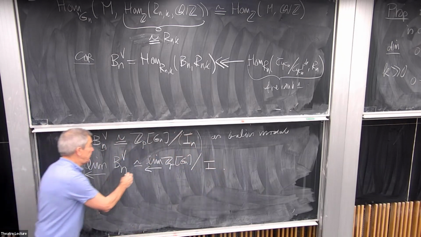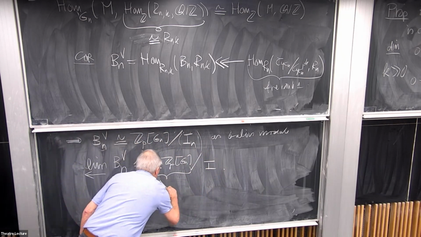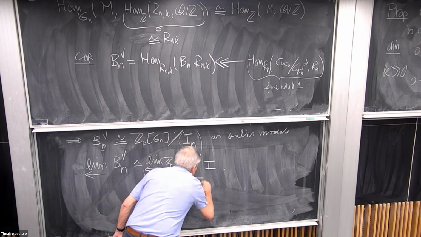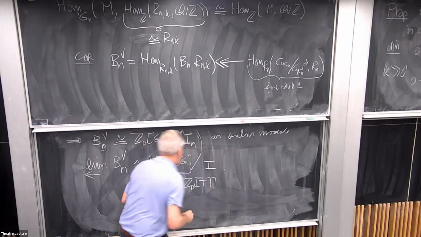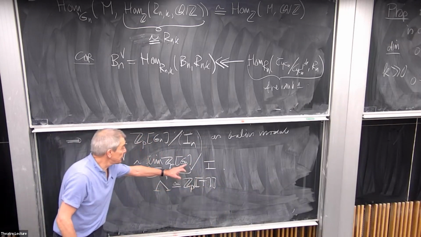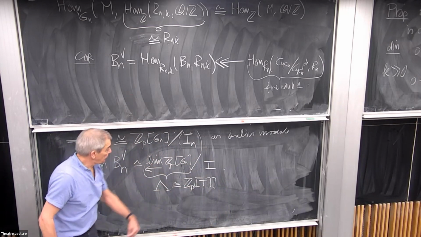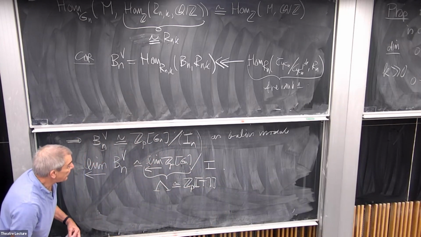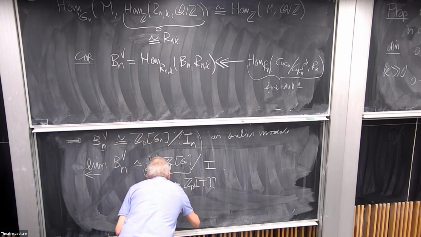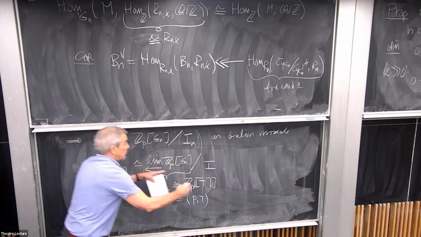Now this ring is the famous Iwasawa algebra. This is Lambda, and it is known that Lambda is isomorphic to a power series ring with coefficients in Zp. The 1 plus T here corresponds to a topological generator of the group, and this is a local ring with maximal ideal (p, T). And these rings are quotients of it.